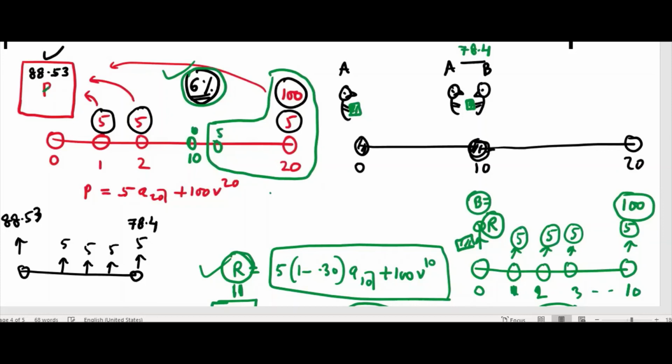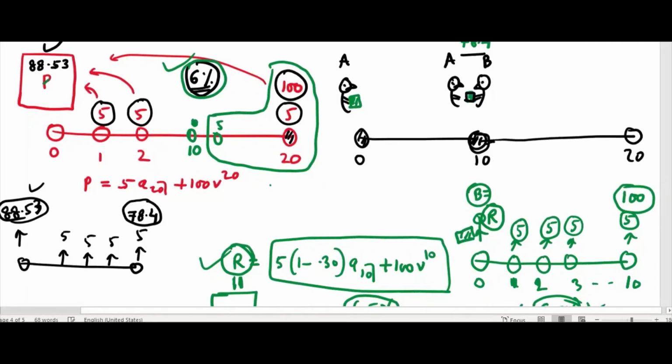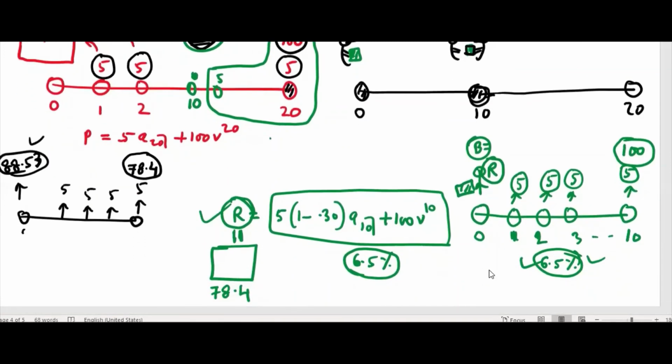You will not take 100 here, because that is the final one. After 20 years only that can be redeemed, and the company will give it to whoever holds this paper. So that 100 will not be included here. A's redemption price is this one, because this is the price he gave to purchase, and these are the payments he got for 10 years.